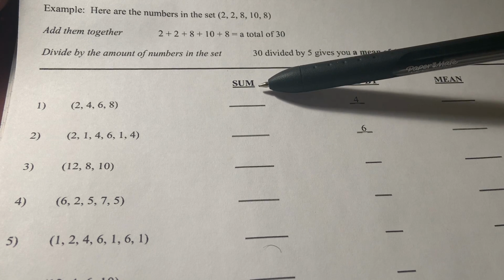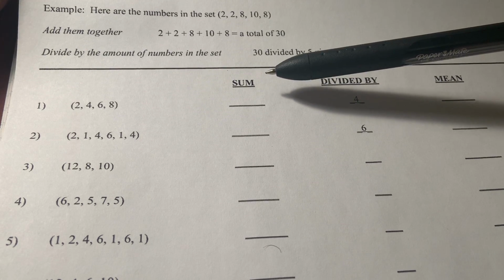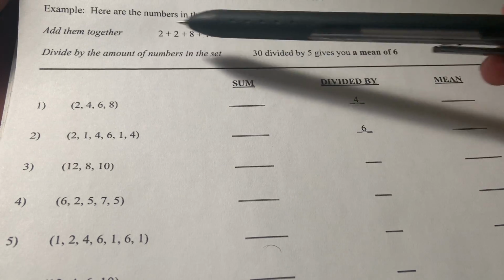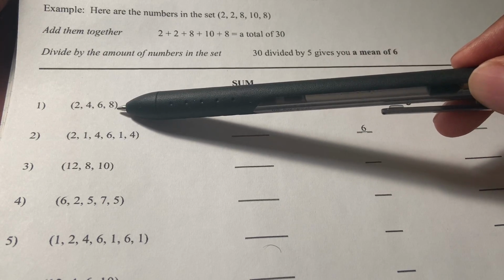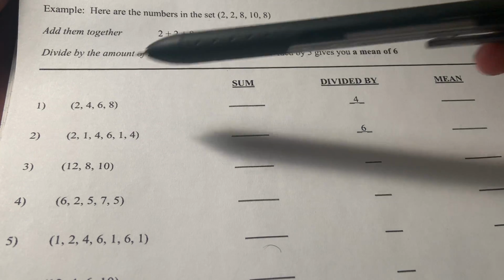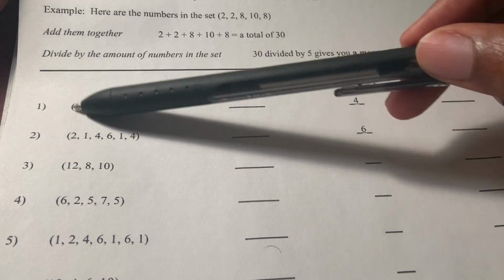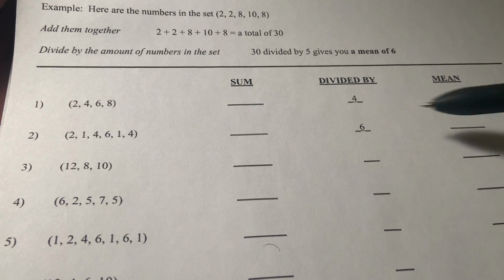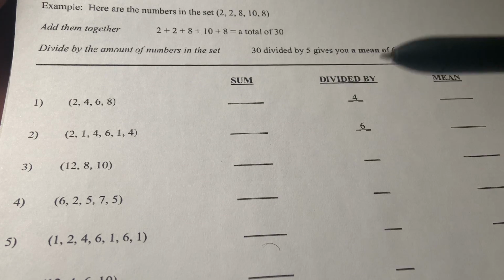And then here, sum, let's remember sum means the answer in addition, yes? So all you're gonna do is, as we did up here in this example, you're gonna add these numbers, get the total, put it here, divide it by the number of numbers in the set, the number of amounts in the set, and then put that answer here. And this will be very easy to do mentally, ladies and gentlemen.